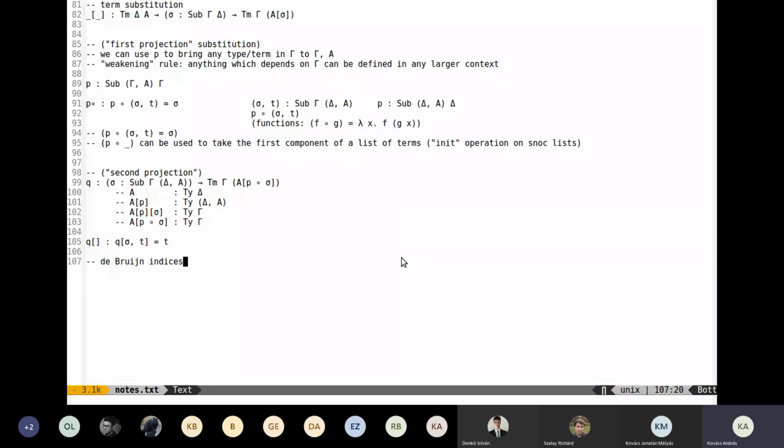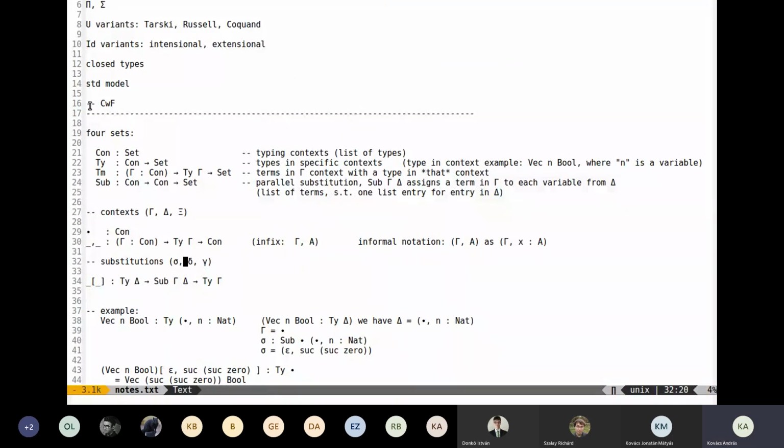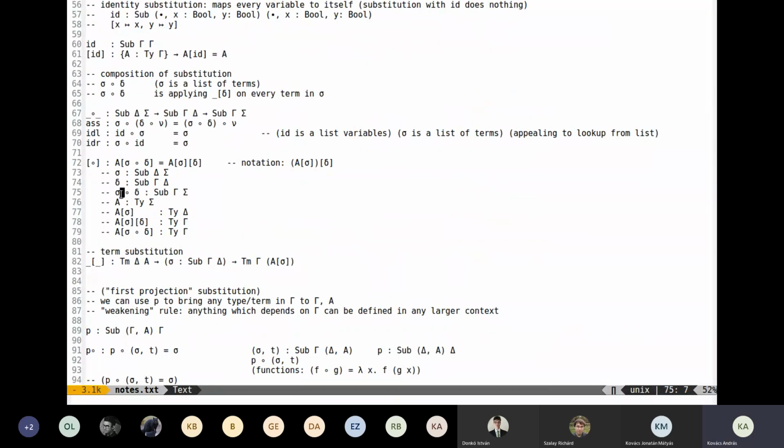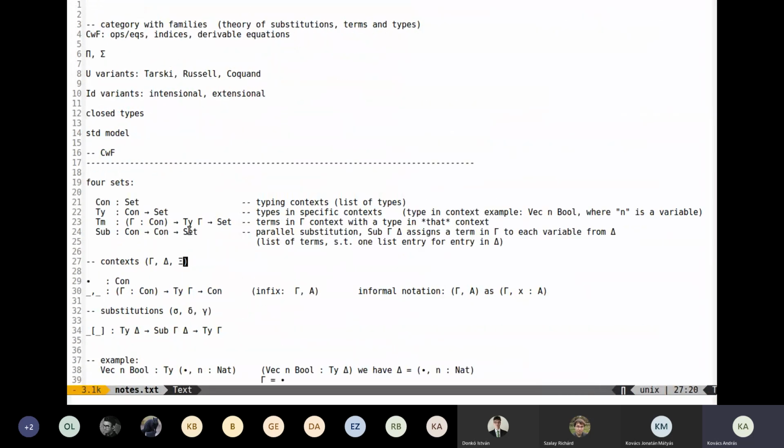But we are not necessarily talking about the syntax. We can talk about an arbitrary model or algebra of CWF, the same way that we can talk about an arbitrary group. For groups, there is a specification of what a group is, which is all of these components and equations, and there are particular groups, and the particular groups are models of the group signature.